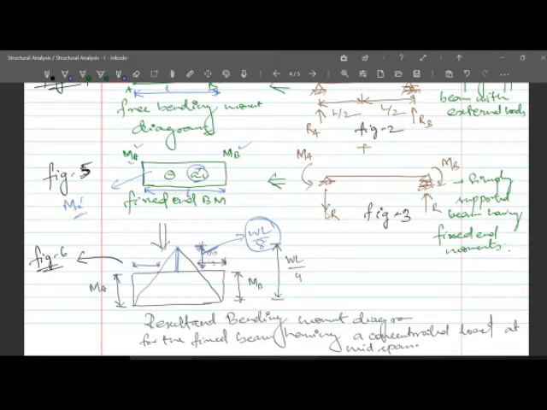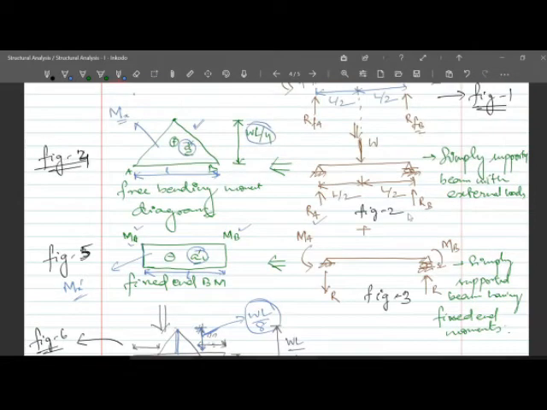Now what about this R, RA or RB? Can we say that RA and RB are equal due to symmetry? Here we have a concentrated load.